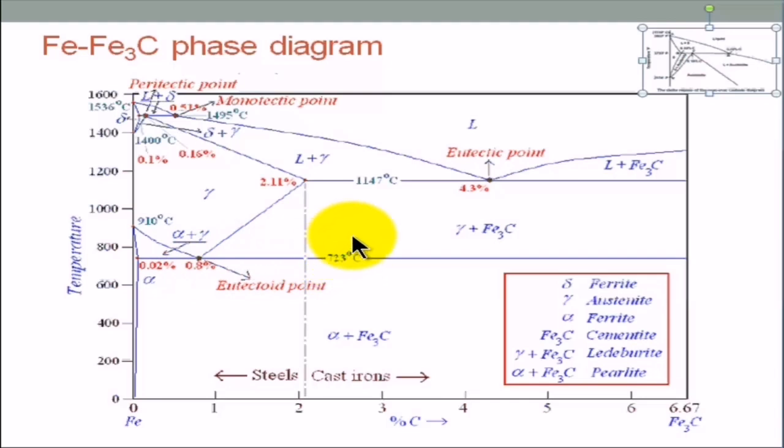The steels containing less than 0.8 weight percentage of carbon are called hypoeutectoid steels, while those containing between 0.8 and 2.11 weight percentage of carbon are called hypereutectoid steels. Please remember.